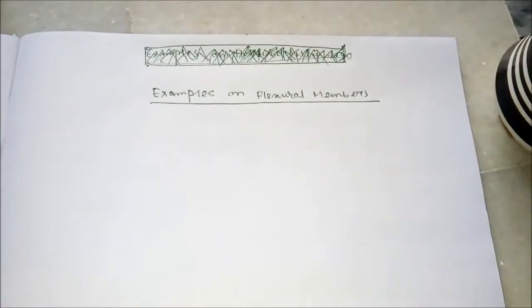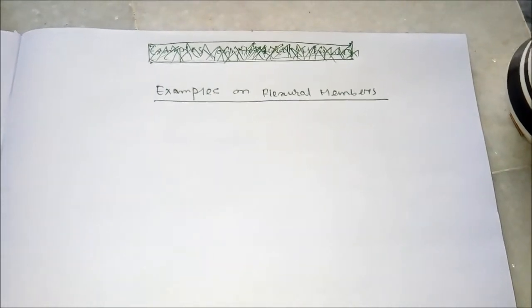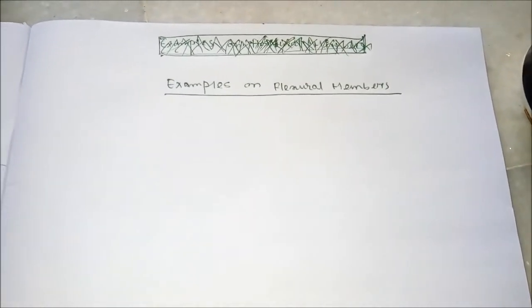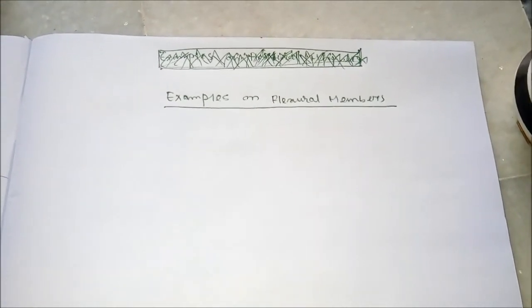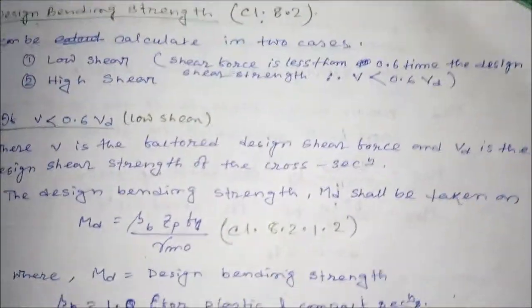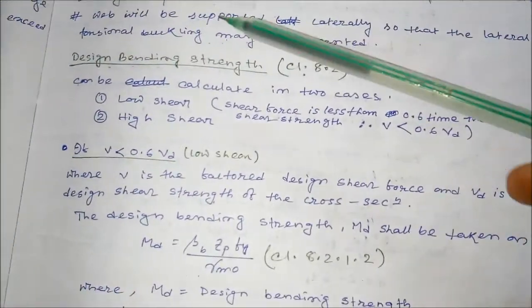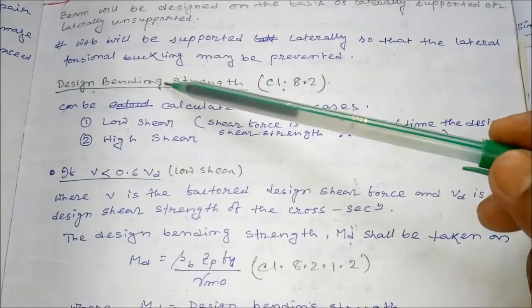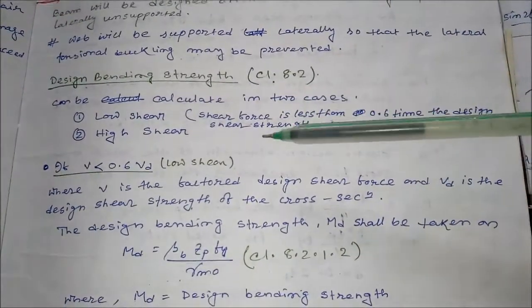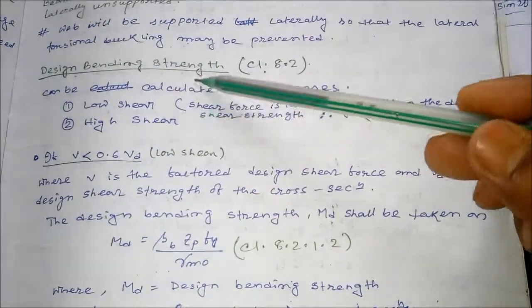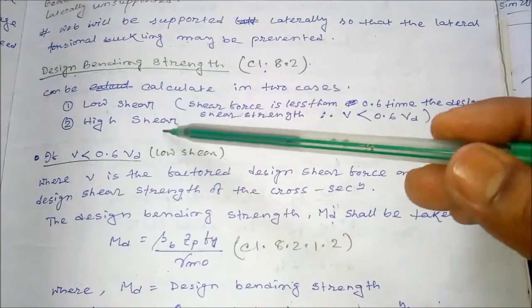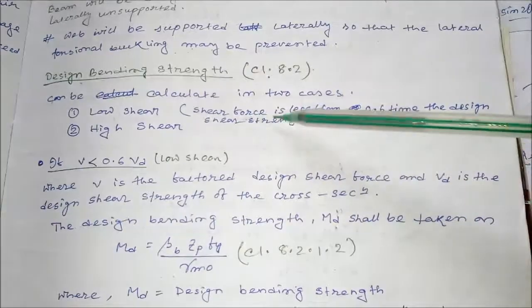So first of all, we will be considering the laterally supported beams, and this is given in clause number 8.2. In clause 8.2, you can see that in laterally supported beams there are two conditions: one is the low shear condition, and one is the high shear condition.